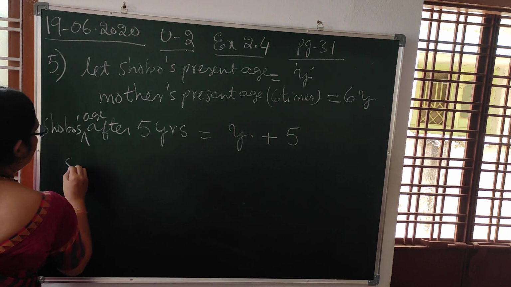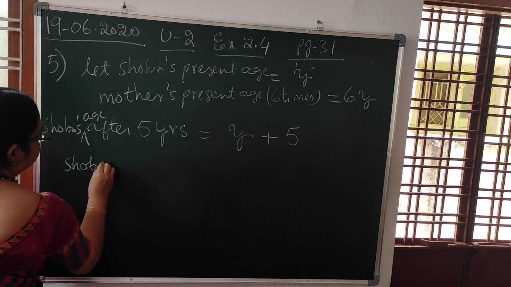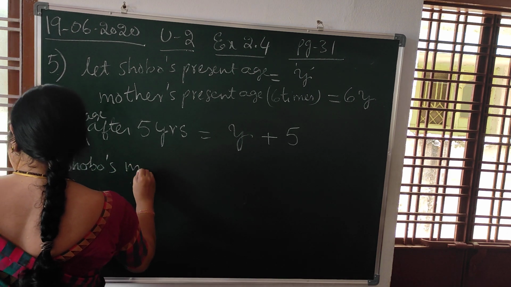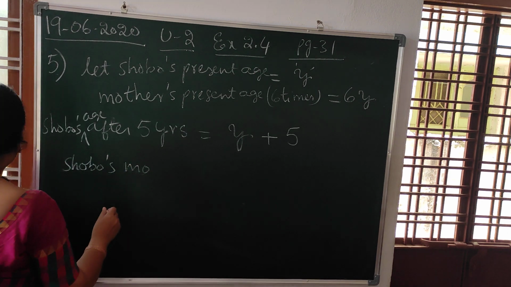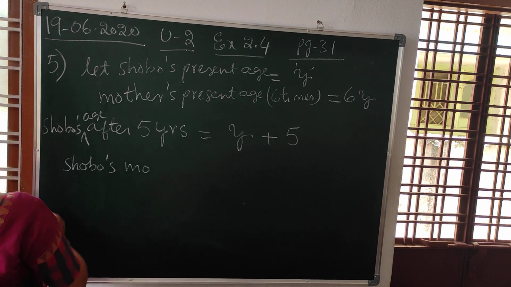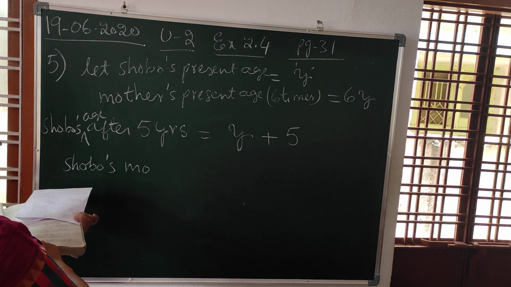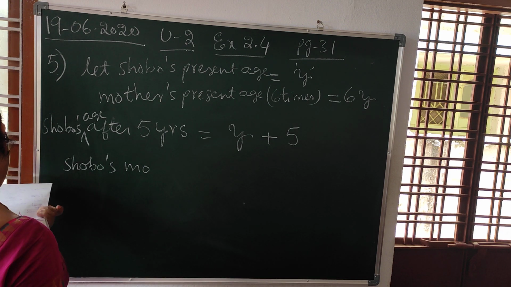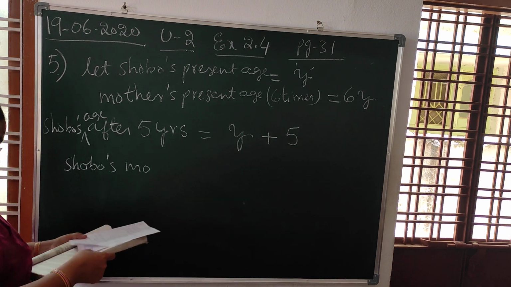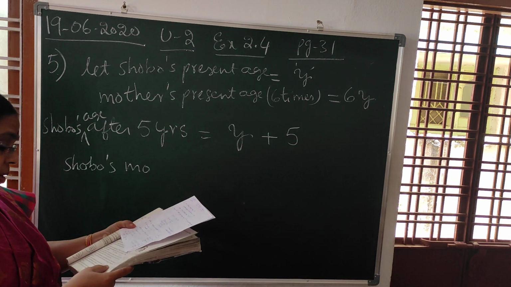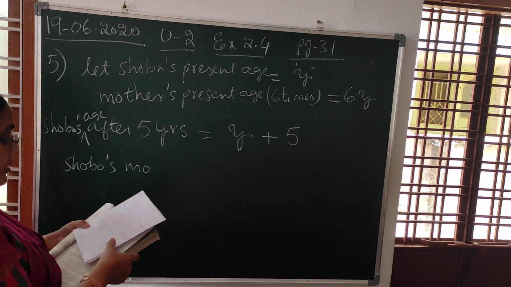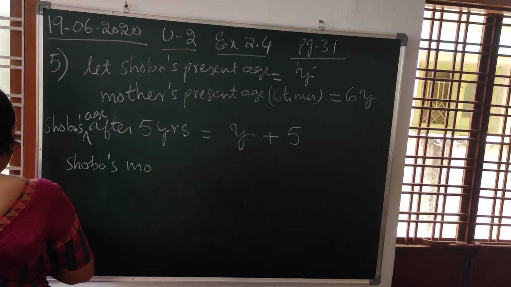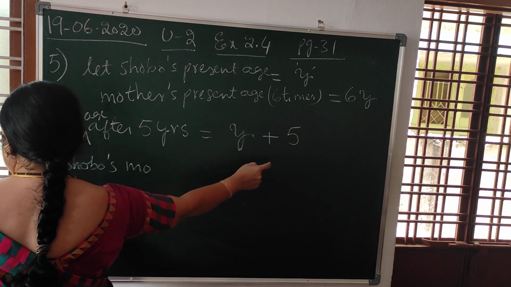Next, Shobo's mother's age. What is the hint given here? Shobo's age 5 years from now will be 1/3 of his mother's present age. So after 5 years he will be y plus 5 years.